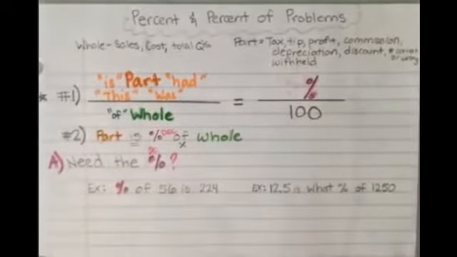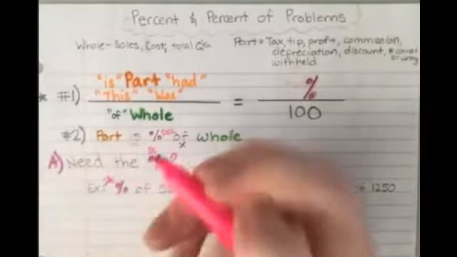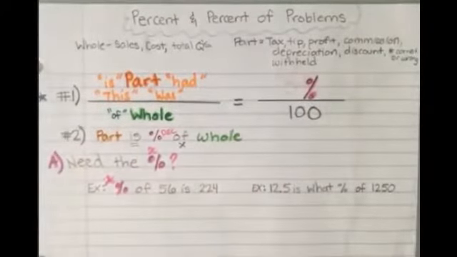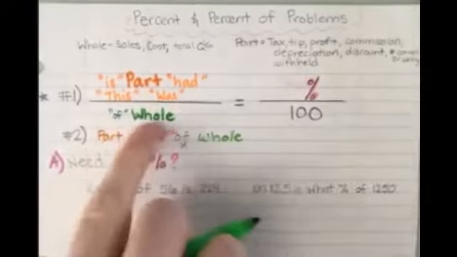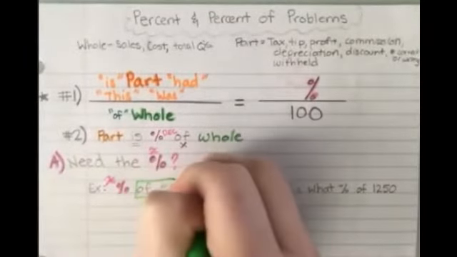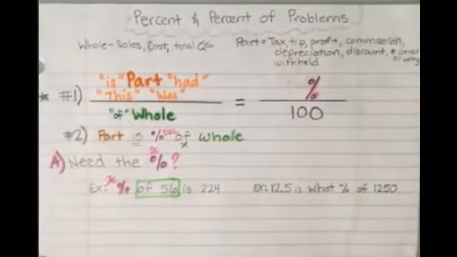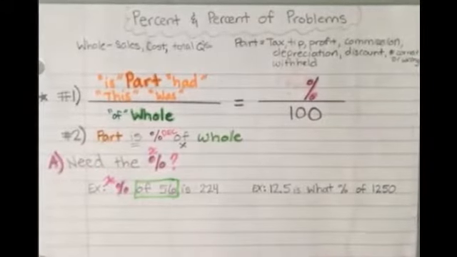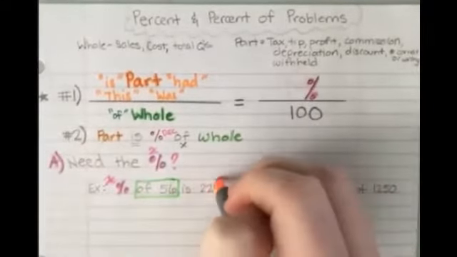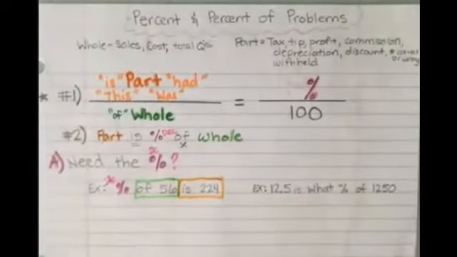Okay, that's what's missing. That's where my variable is going to go. Then I find the word of. Of is the whole. And then I find my word is, the part. Now I have my 3 pieces. I just simply have to set them up into the proportion method.